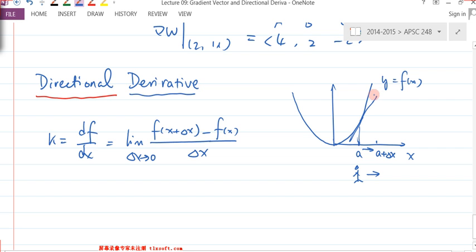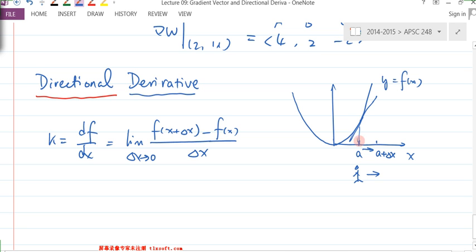If the slope is positive, what does that mean? When you're going from here to here, there's going to be an increase for the function y, right? So remember what I said: you're walking in the direction that will cause an increase for the function f.